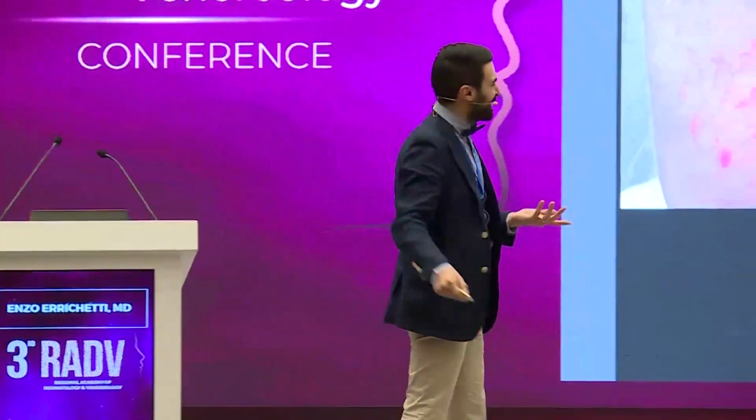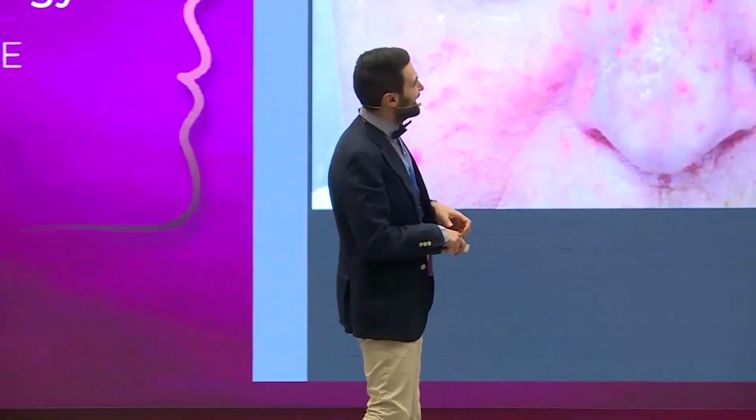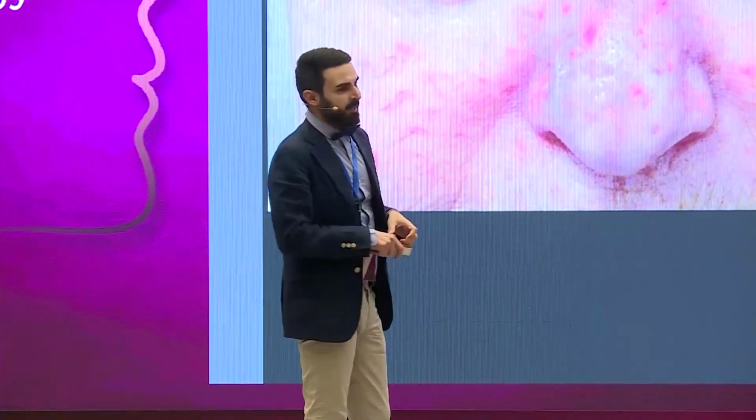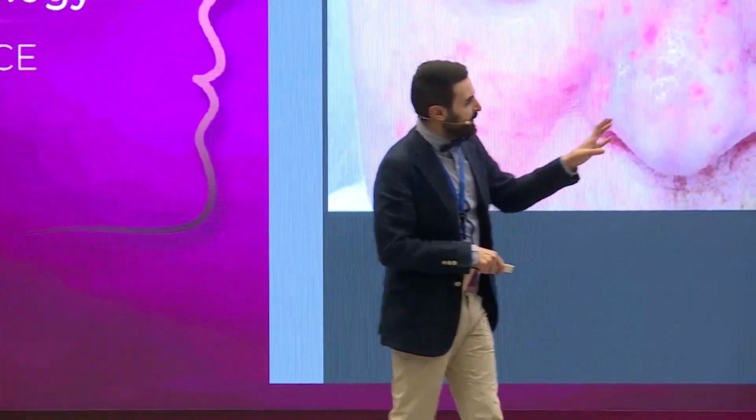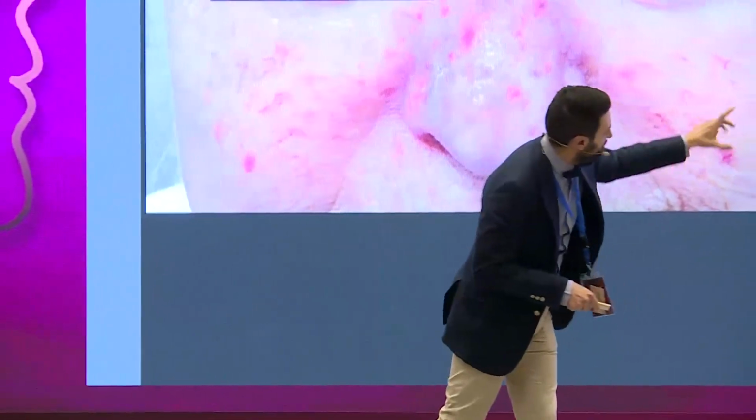Sarcoidosis. Let's see. Here we have orange. It's not very well visible, but there is orange. Nothing else. So the diagnosis of sarcoidosis is unlikely because we have sharp vessels.